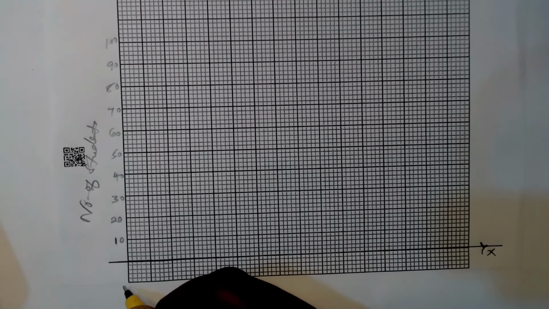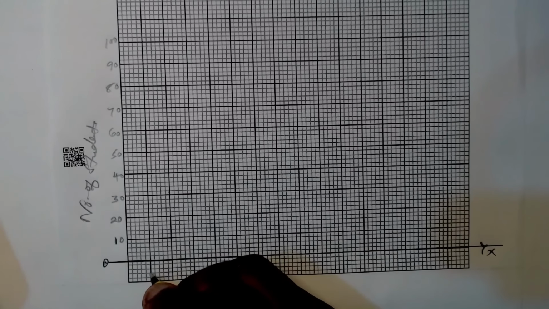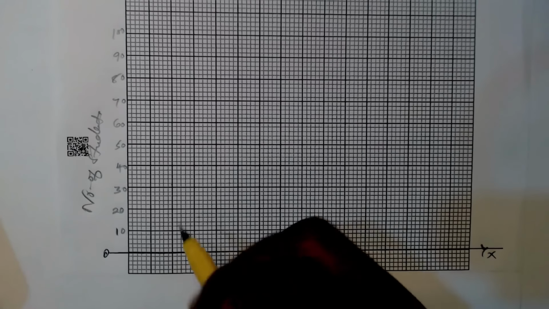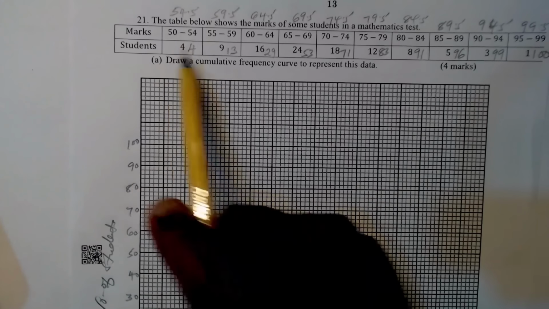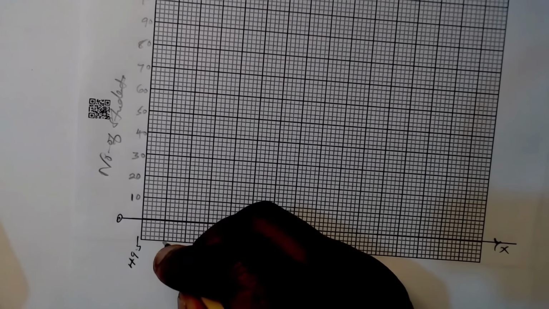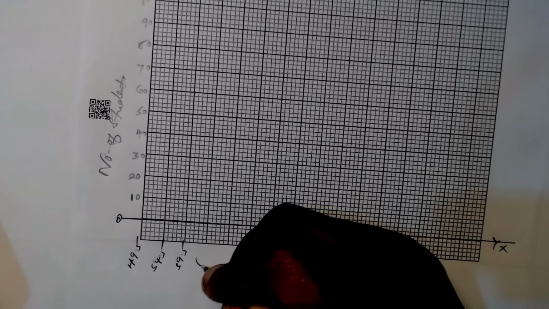For this one being 0, I'm going to use 49. I can start with the lower class boundary, that is 49.5. I can begin with it here, 49.5, then 54.5, then 59.5, 64.5.